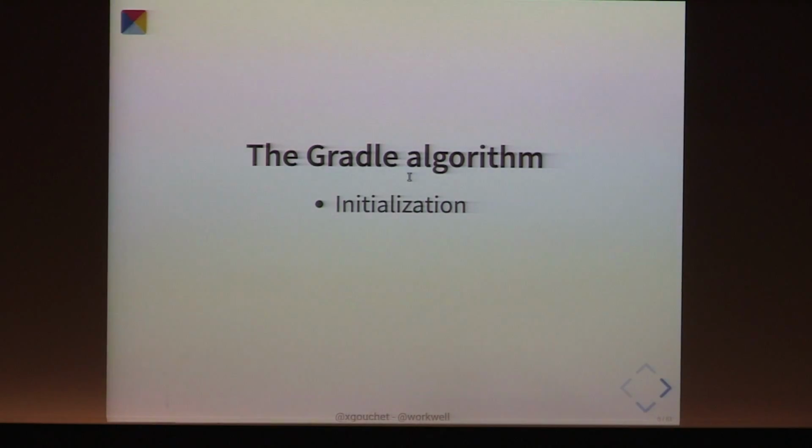So it either has already a daemon, or it just creates a new JVM. And it's going to look at what are the projects around. Basically, it looks if there is the settings.gradle file that lists the modules in your project, and it's going to create a bunch of project instances that are empty by default.